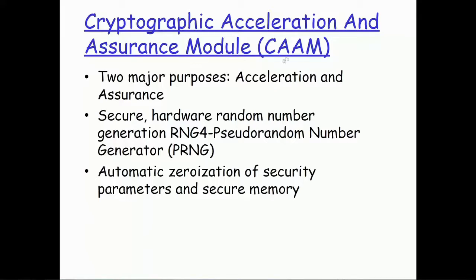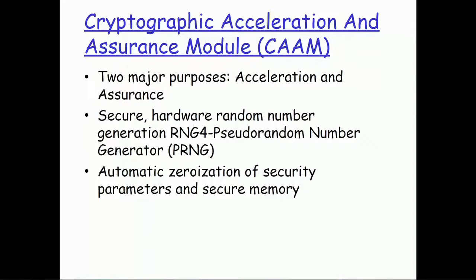So, the cryptographic acceleration and assurance module, as I already told, provides two important things, acceleration and assurance. It has a secure hardware random number generator or a pseudo random number generator, right. This is available internally inside this particular module.